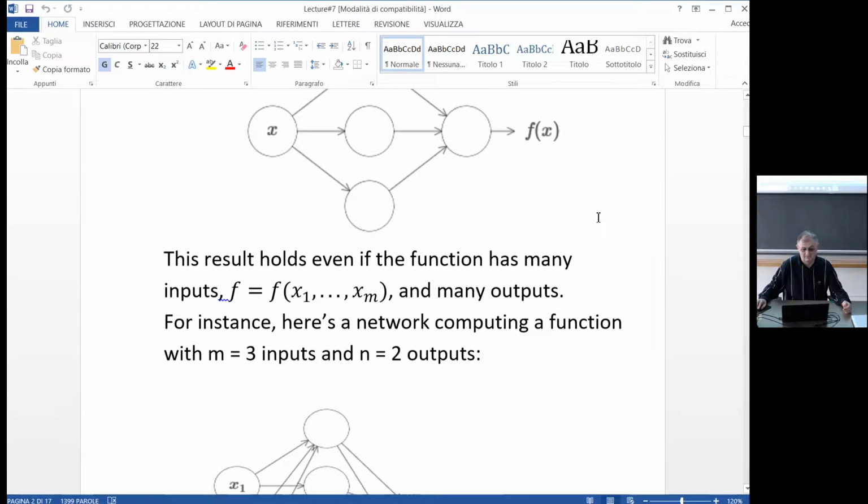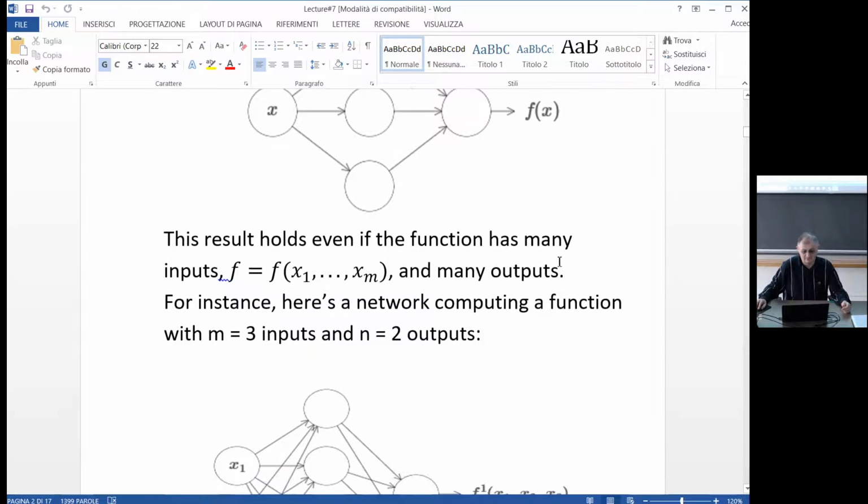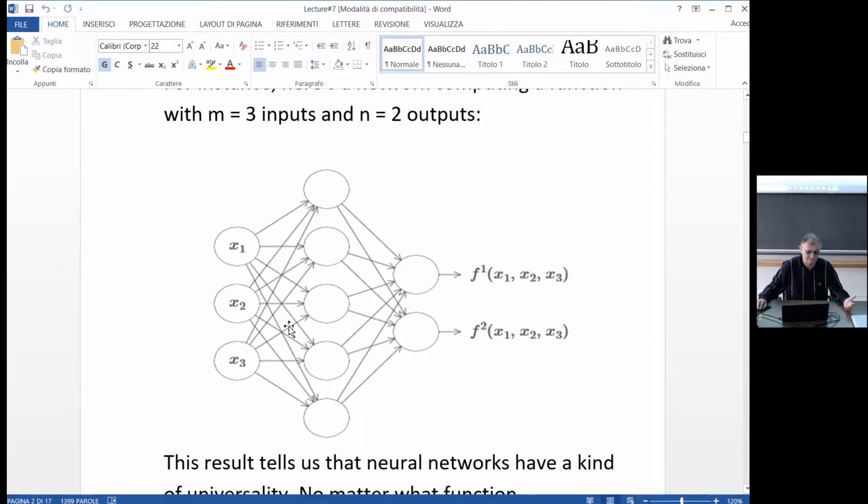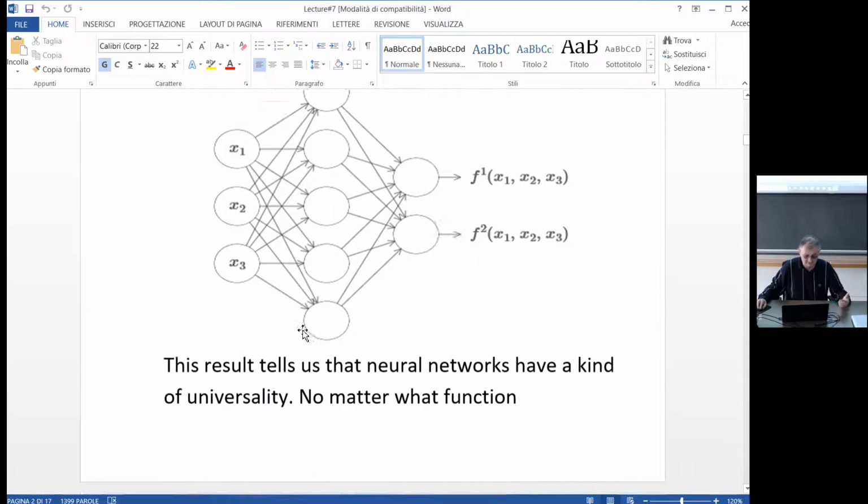So the result holds even if the function has many inputs and many outputs. For example, x1, x2, x3 on three variables, and the function has two components, f1 and f2. So really a vectorial function defined on vector arguments.